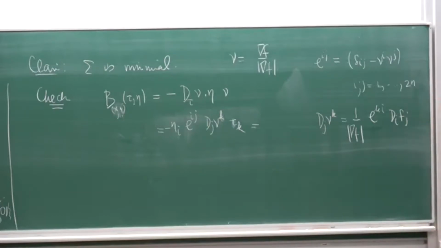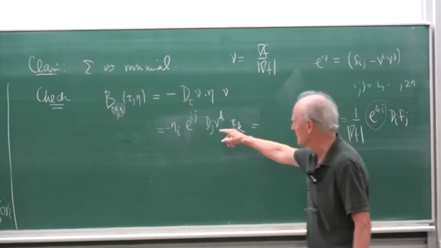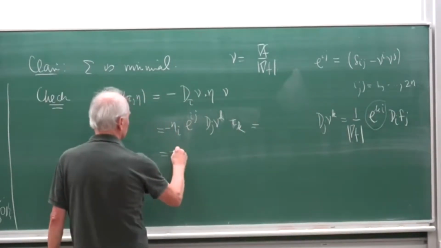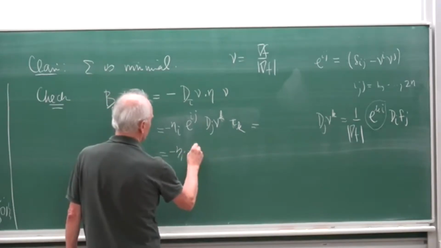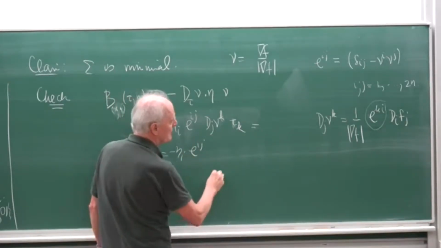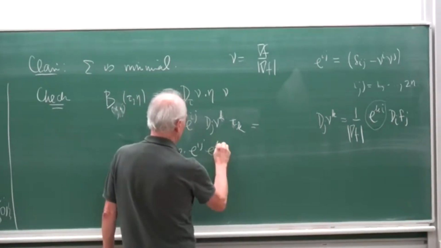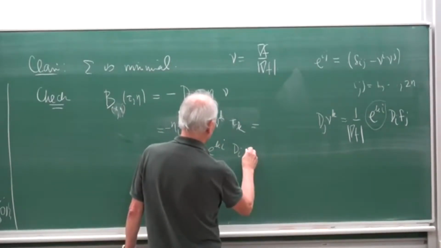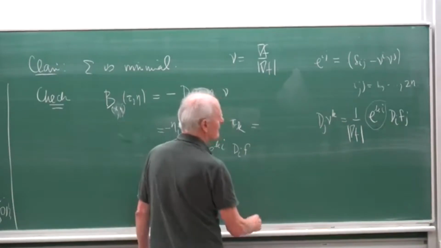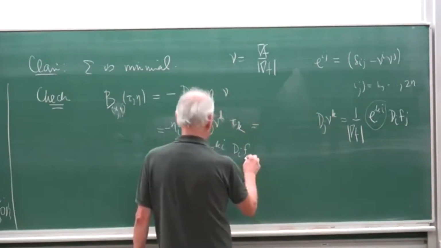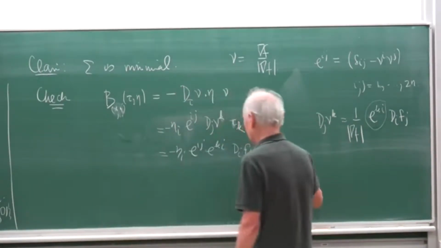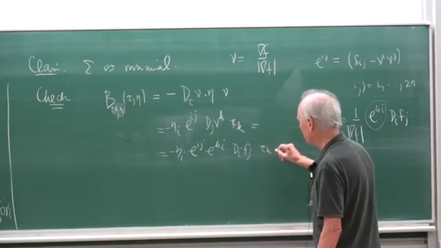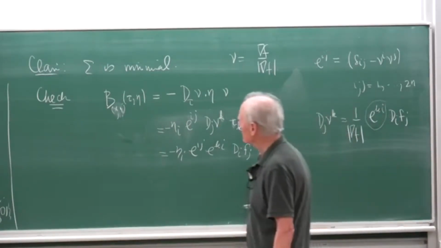You get second partial derivatives. But these E_ki's crop up again when you take this guy. So we can write this as minus eta^i E_ij E_ki d_i f_j d_i f_j and times tau^k.